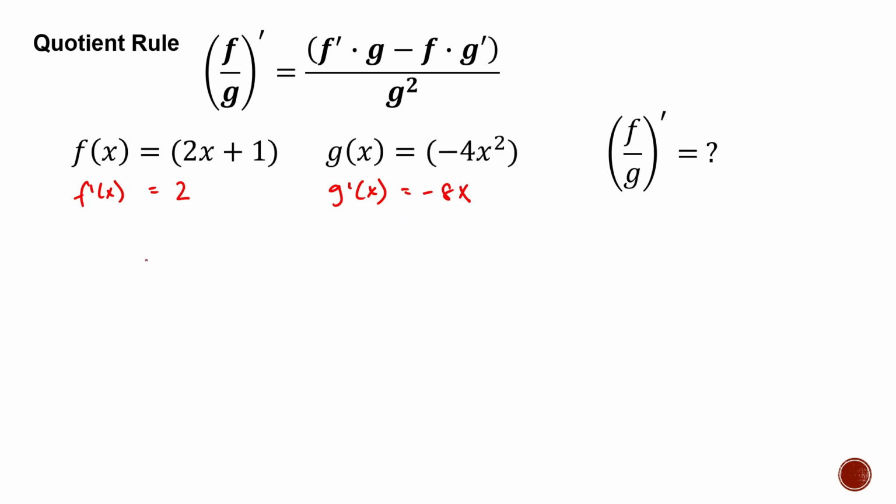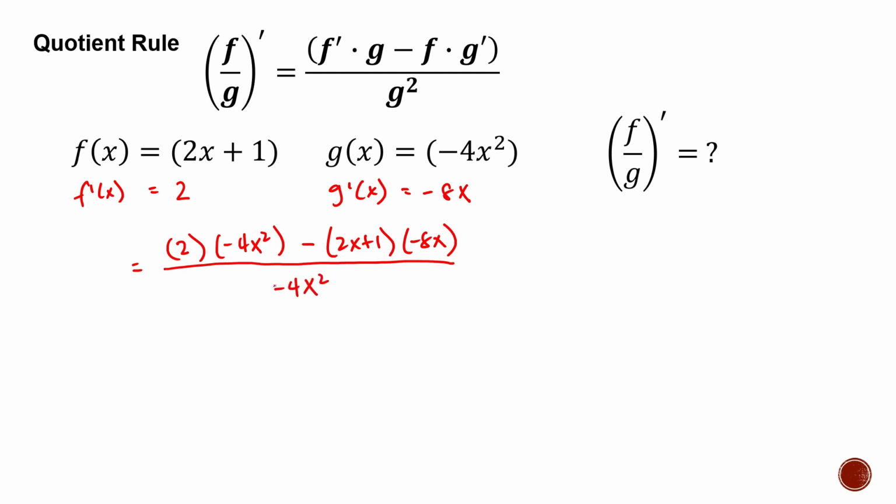So now that we have those two, we just need to substitute everything using the formula. So this is 2 times g, which is negative 4x squared, minus f, that's 2x plus 1, times the derivative of g, which is negative 8x, all over negative 4x squared.